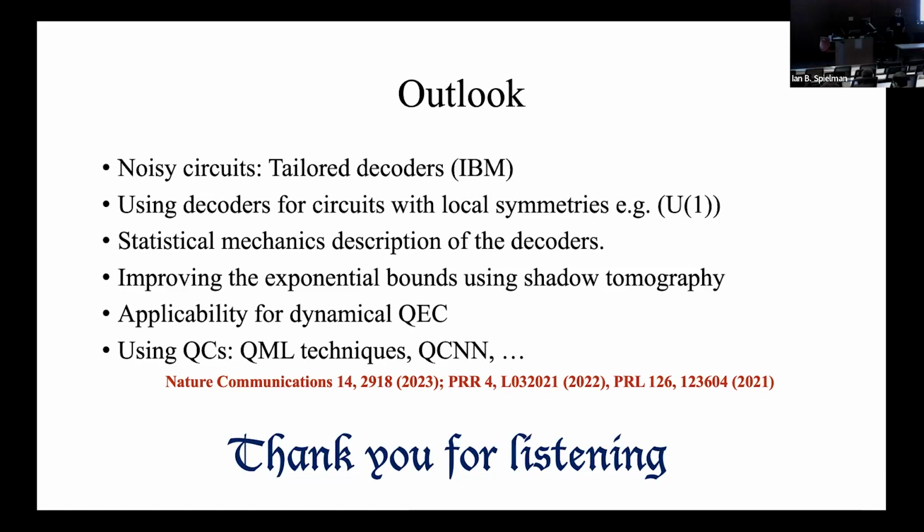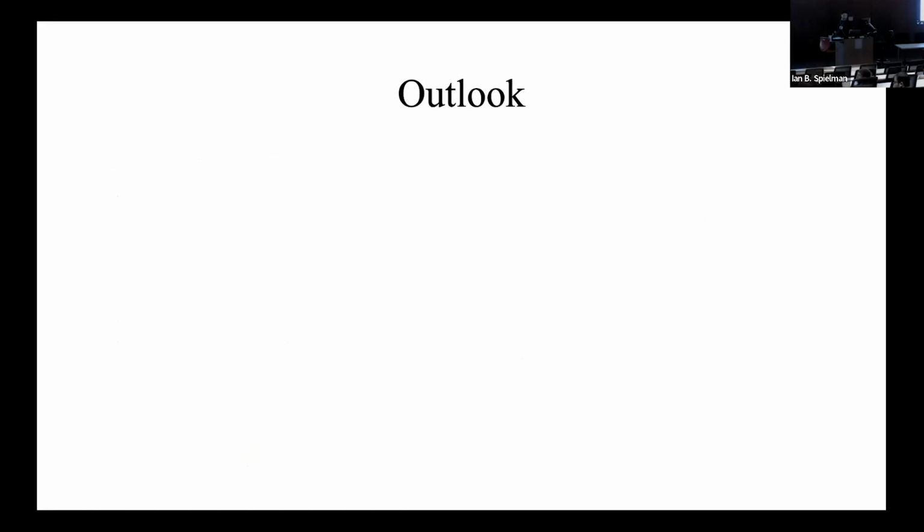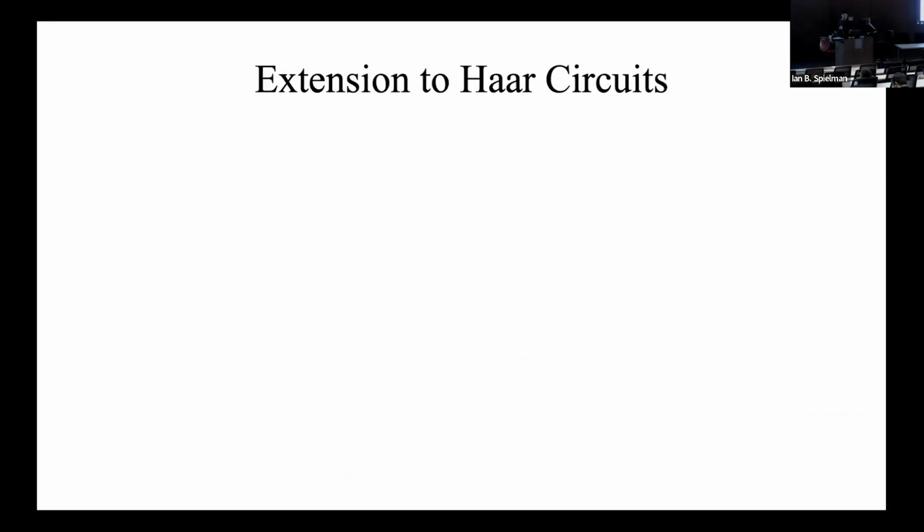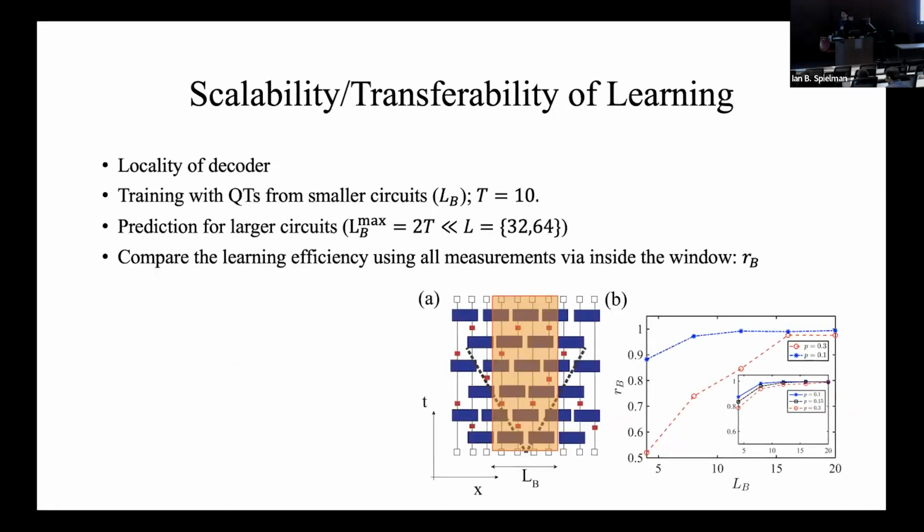When you've trained the neural network on a circuit, what does it generalize to if you change the circuit but keep the measurement locations the same? Very good question. I should have explained this more. In that figure I showed, what we are doing is that we consider two circuits.